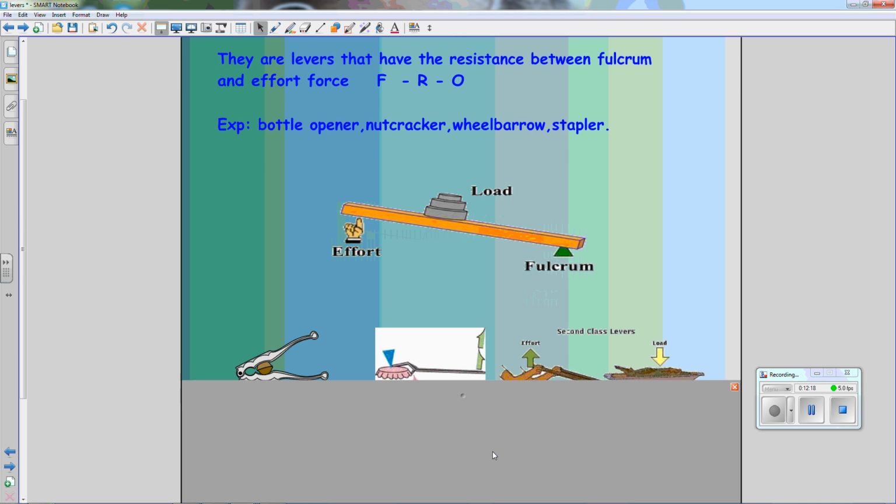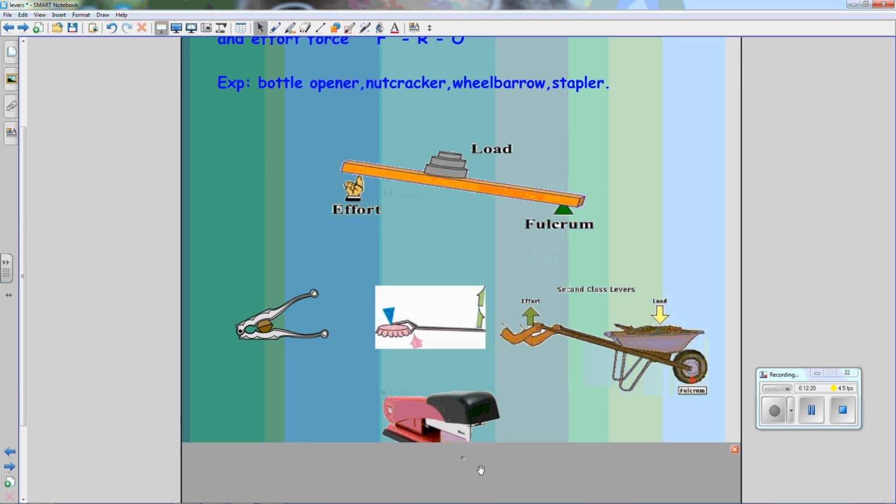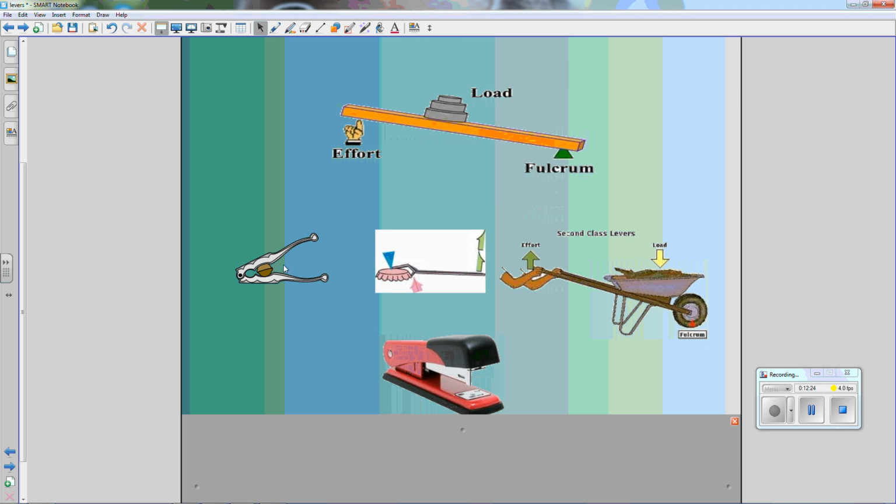Let's check some photos. The nutcracker: we all notice that the resistance is between the fulcrum and the effort force. So the effort force is exerted here. This is the resistance, and this is the point at which the lever rotates.